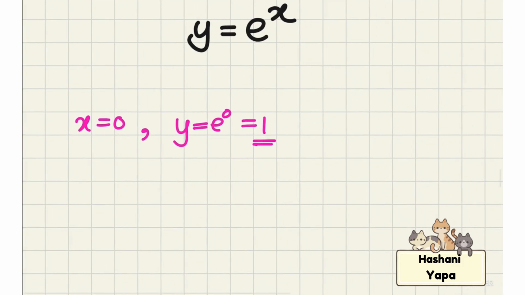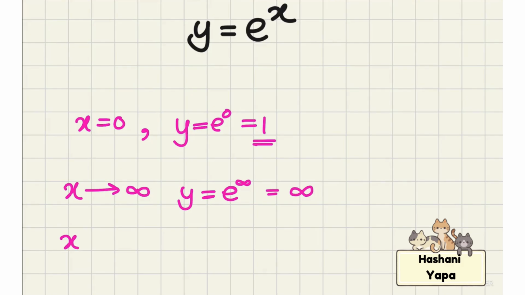Now let's find out what will happen if x is going to be infinity. When x tends to infinity, y is equal to e to the power infinity. This is plus infinity, okay? So when x is a large number, e to the power a large number will give us a large number, and I'm going to take it as infinity. What if x becomes minus infinity?